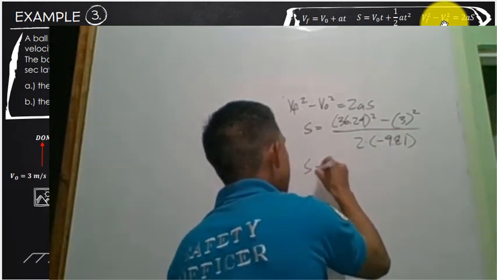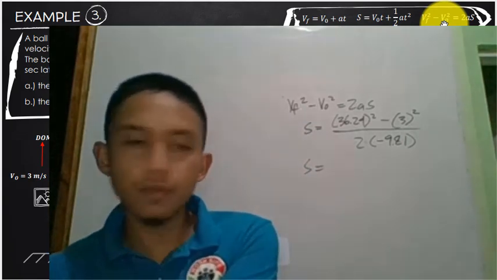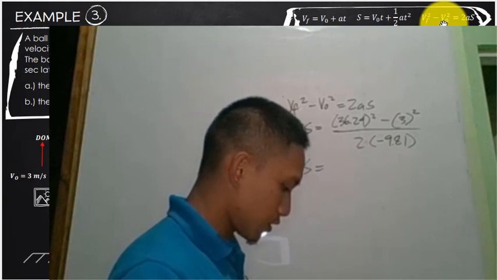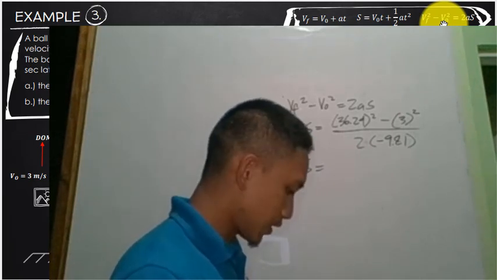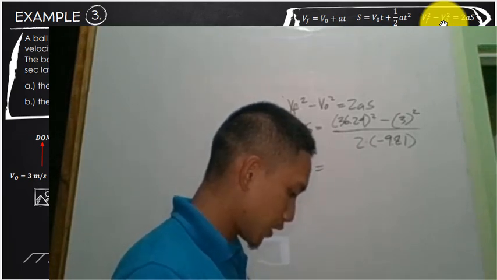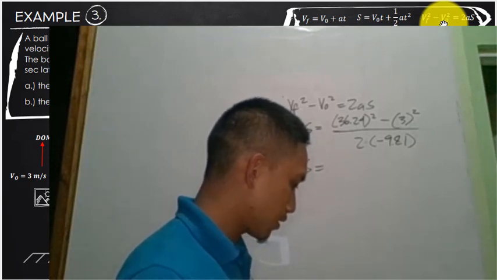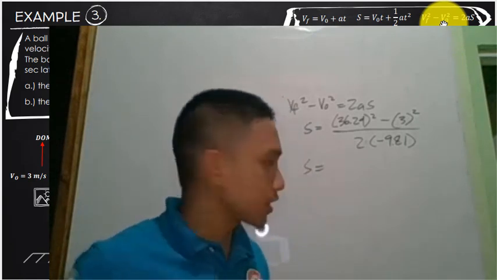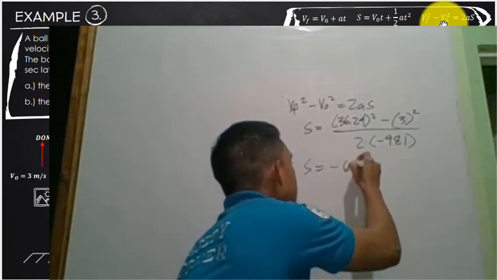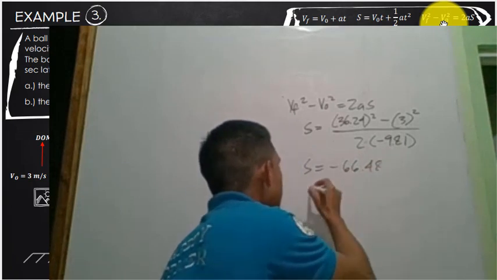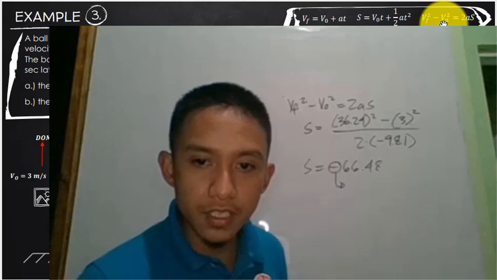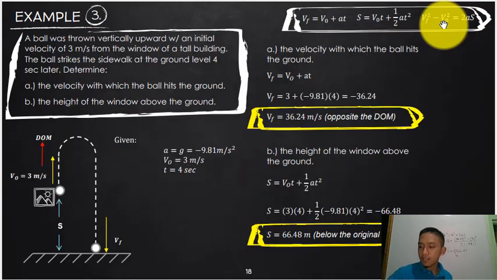So S is, okay, let me just compute that one. 36.24 squared minus 9 over negative 2 times 9.81. So your answer is negative 66.48, or simply again, this is just the direction. So 66.48, same? Yes, it is the same. Therefore, you can make use of that.